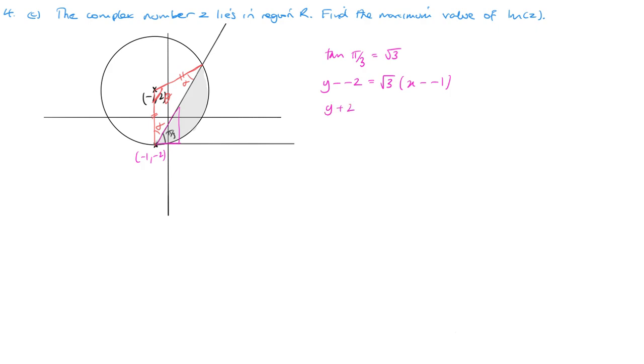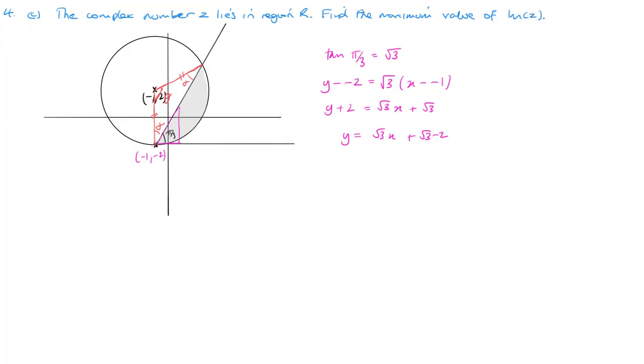So I've got y plus 2 equals root 3 times x plus root 3. So y equals root 3x plus root 3 minus 2. So this now is the equation of this line.